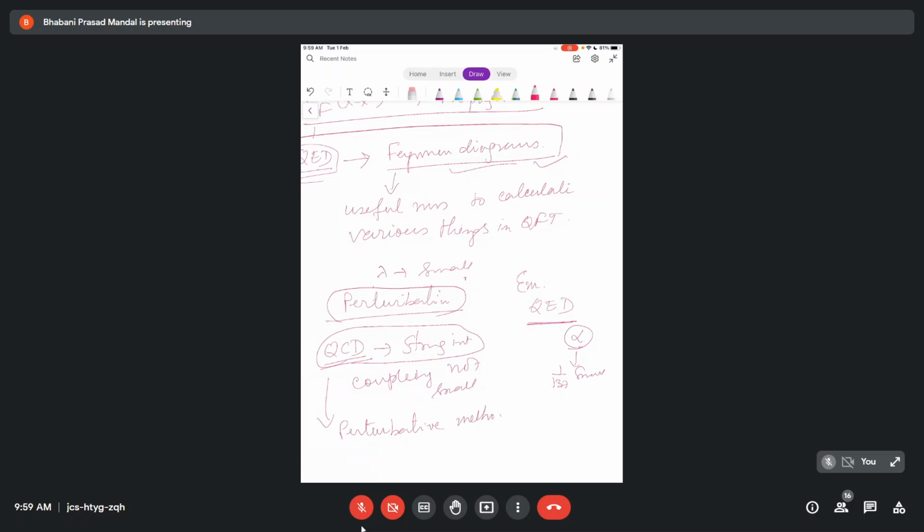So you need non-perturbative methods. That is why QCD will be difficult to study, because the coupling is large. But the coupling is small in quantum electrodynamics.